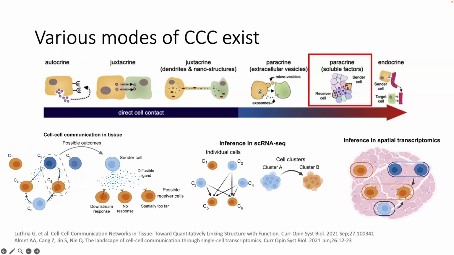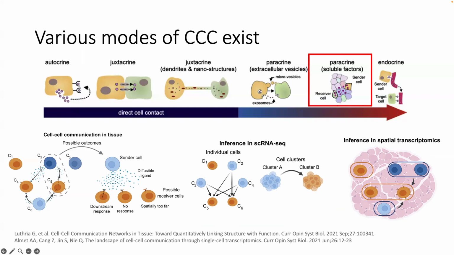And that's, of course, perfectly right. But transcriptomics data is much more abundant and easier to get. And so a lot of tools were developed to see if you could infer cell-cell communication from transcriptomics data.